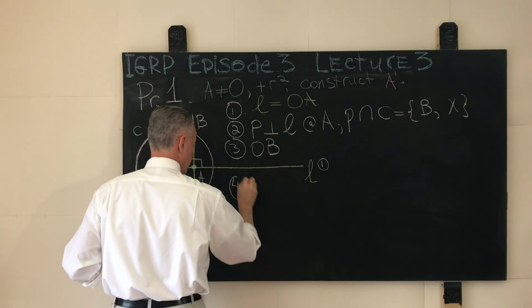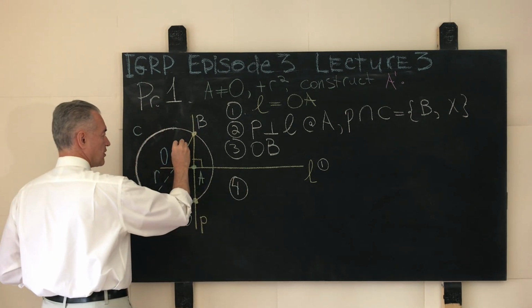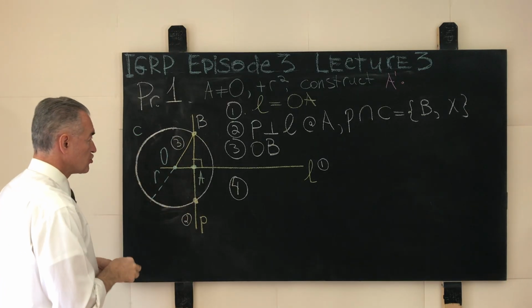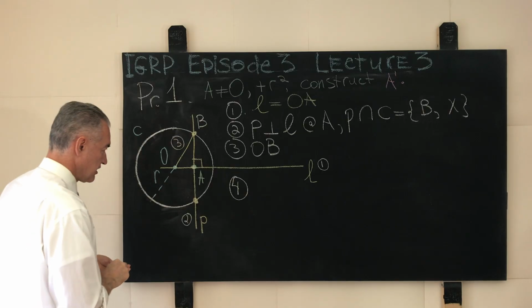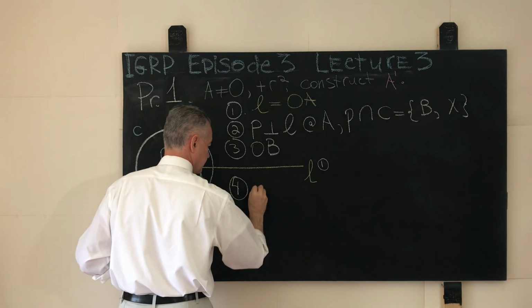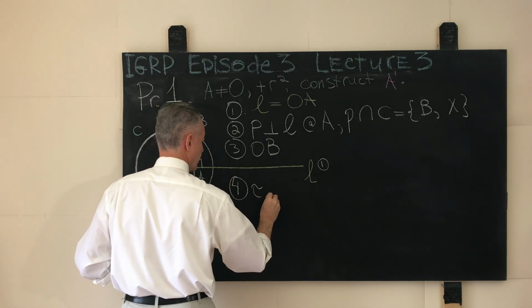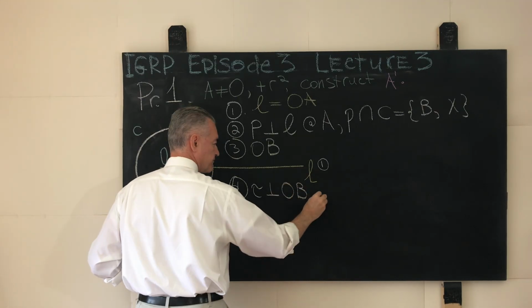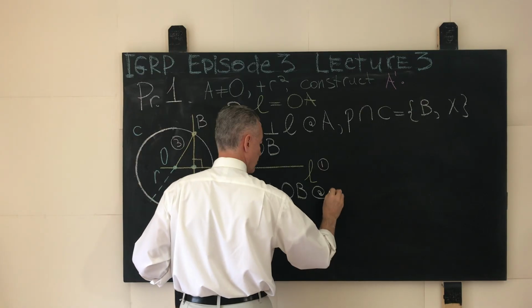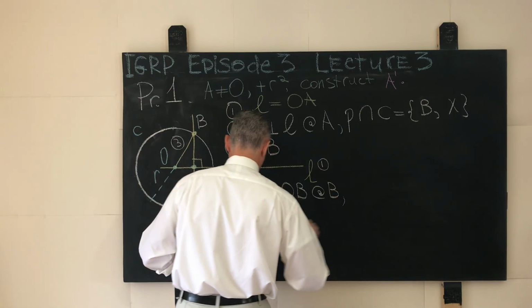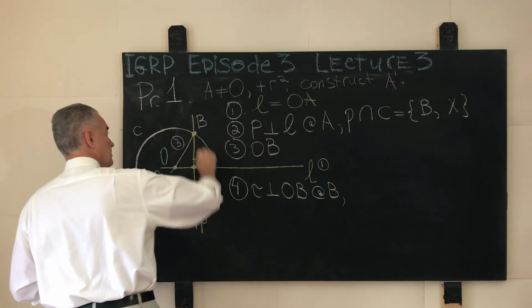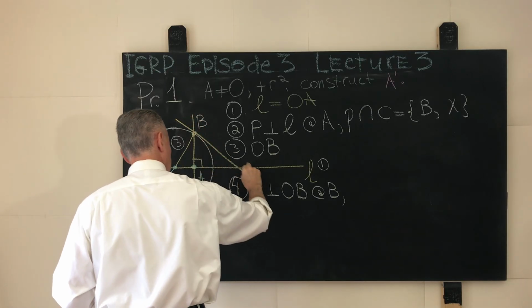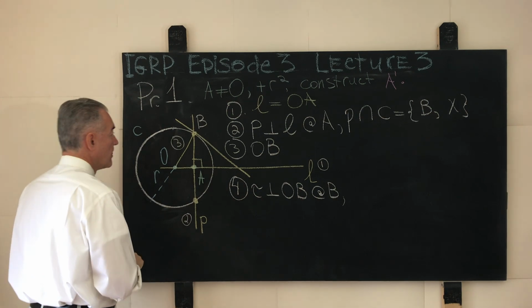On the step number 4, this will be our step number 3. We construct a straight line. I will call that straight line tau, that will be perpendicular to the straight line OB at the point B, shown over here. Let's see if I can do it by eye, by hand. Perpendicular to OB.